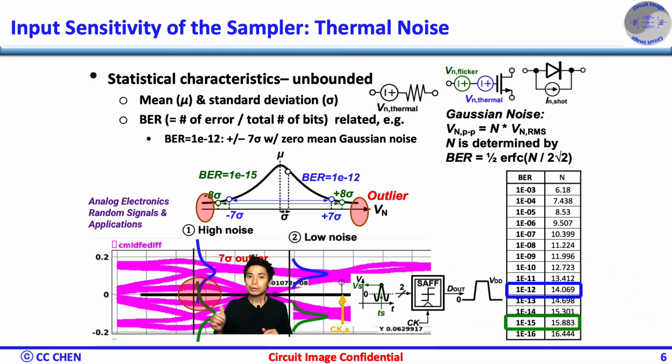Again, for a bit error rate of 1e-12, the input sensitivity is 39, 64, and 114 mV for the data rates of 5, 10, and 20 gigabit per second respectively.